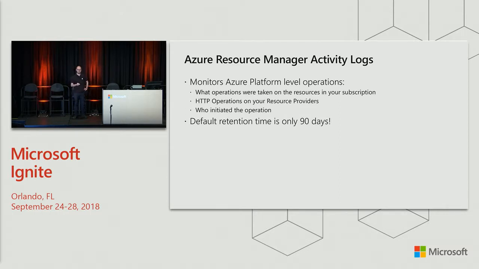Specifically, the information that we get there is the actual Azure Resource Provider HTTP operation. I'm going to show you what it means a little bit later. But essentially, all Azure services are exposed as APIs, and we call them resource providers. Inside my Azure subscription, I can register different resource providers.